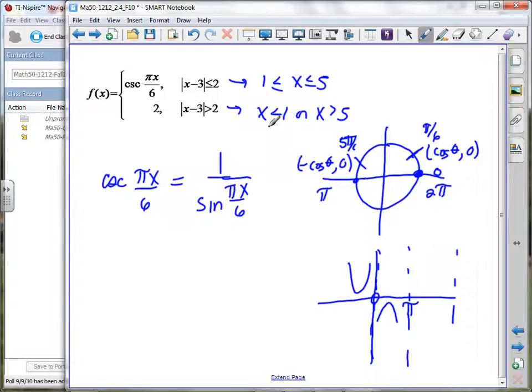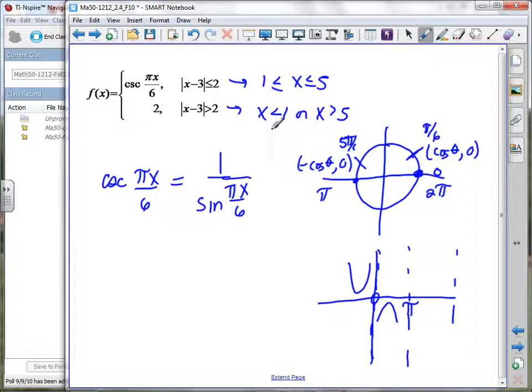Well, what about down here? Don't we get the 0 down here? Isn't 0 less than 1? But what do we have to consider? 0 is less than 1.